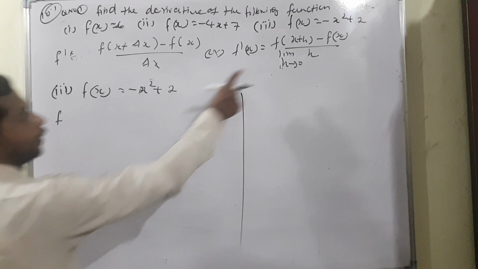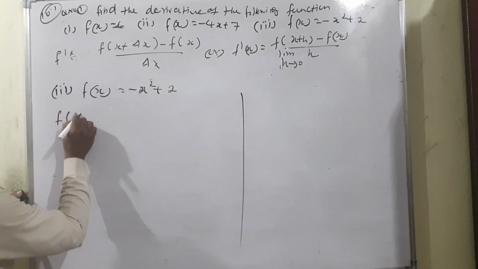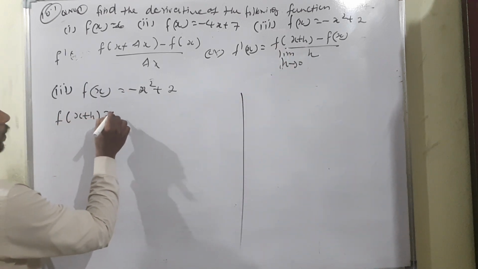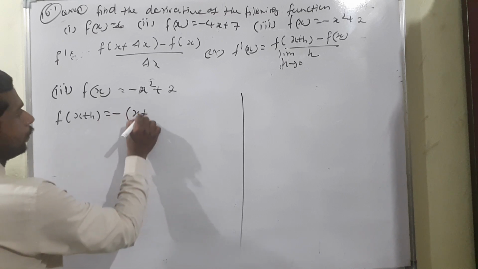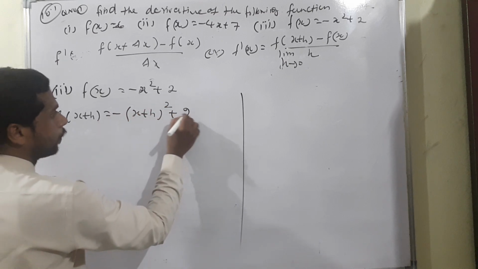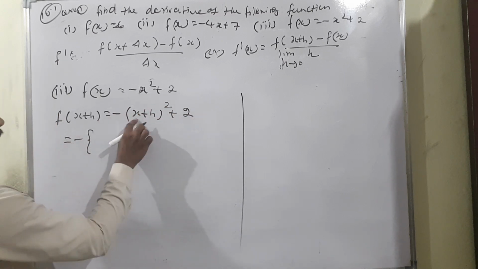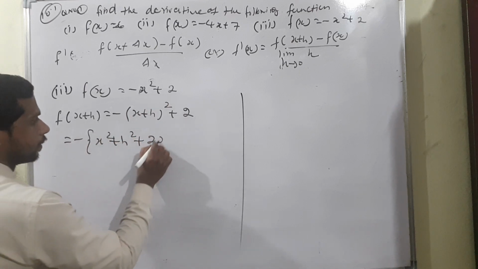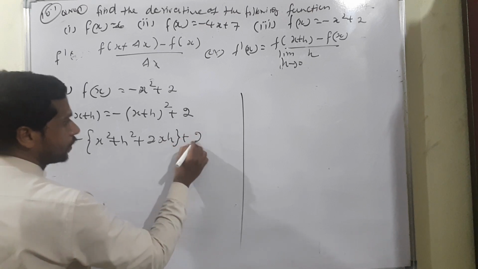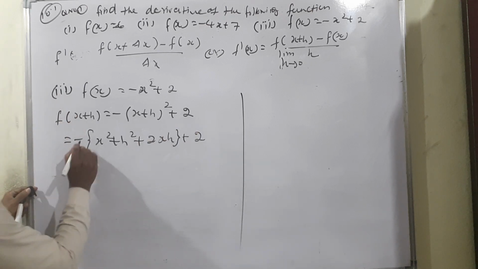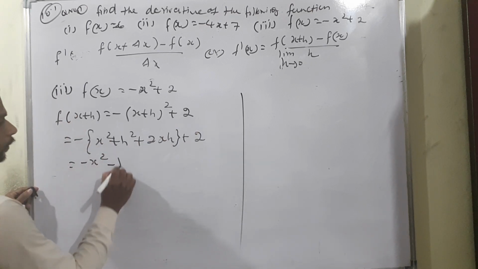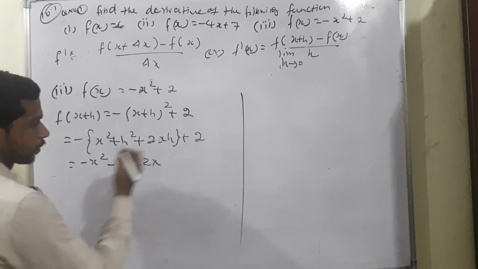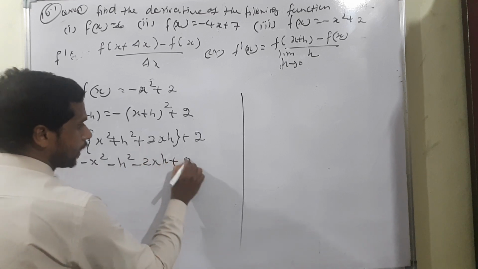First we find f of x plus h: minus of x plus h the whole square plus 2. Minus common, a plus b the whole square is x square plus h square plus 2xh, with the outside constant 2. If you remove the bracket, minus x square minus h square minus 2xh plus 2.